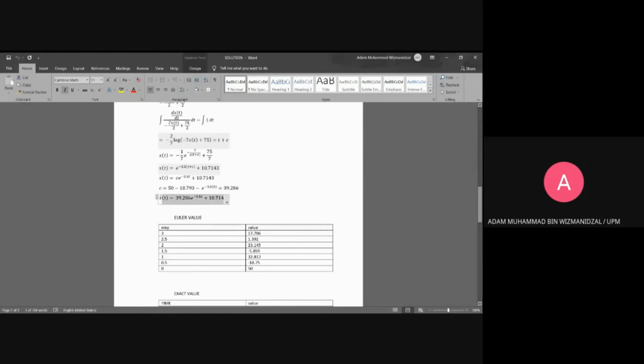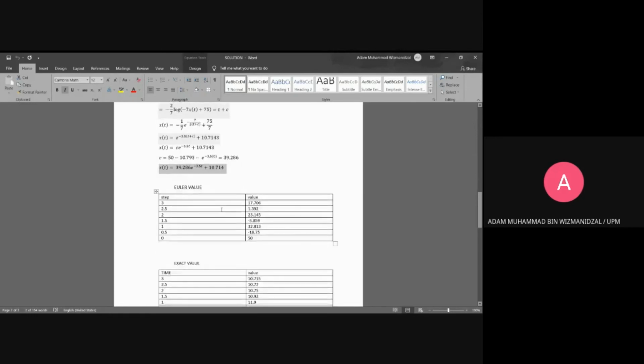By having this formula, we can input the value of t to have the exact value at a certain time. For example, we can have the value of x when t is equal to 1 or t equal to 3. So by having this value, I have made a table for the Euler value with the step of 0.5 until the 3 minute.